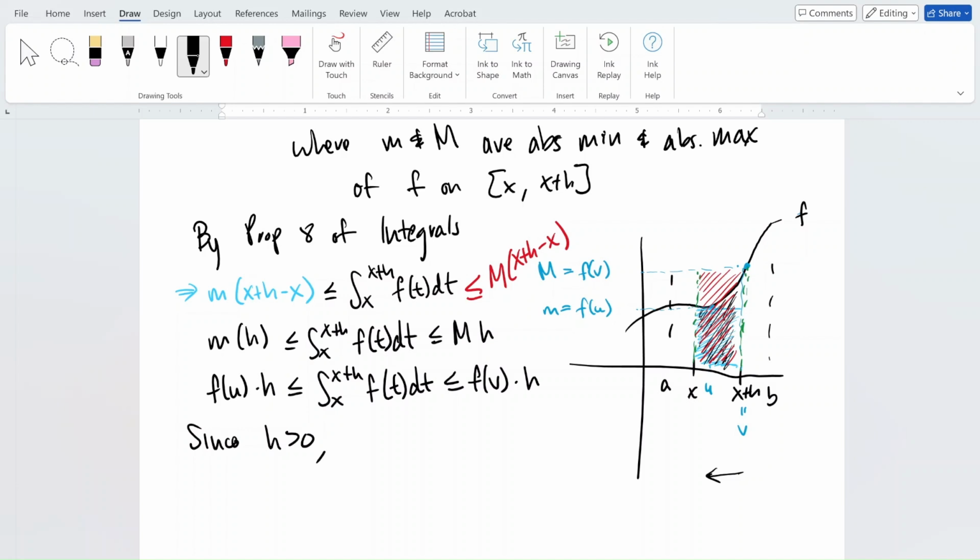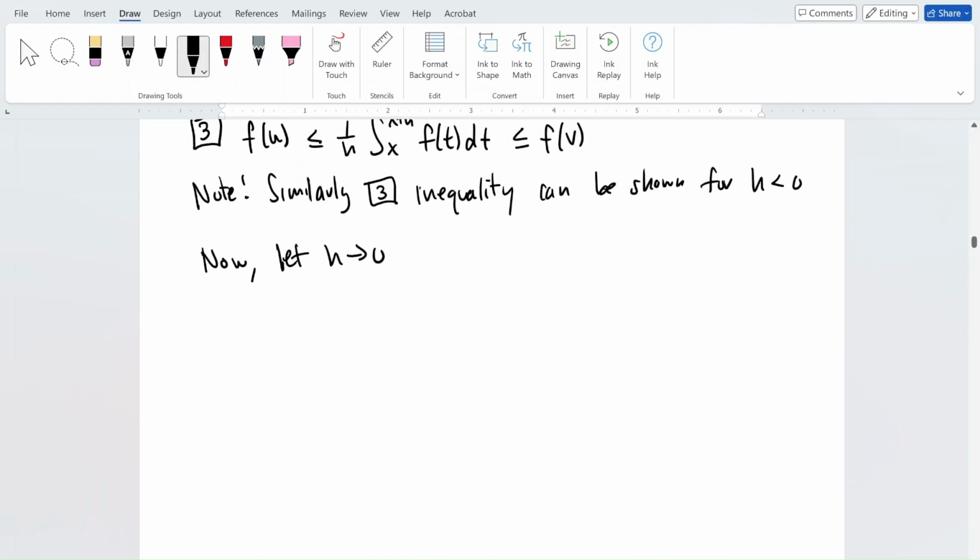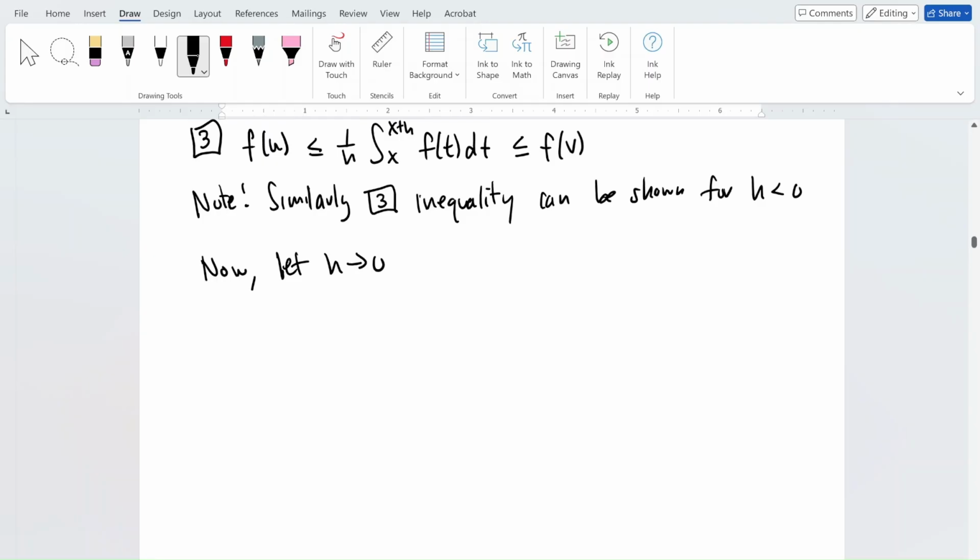But if u is between x and x plus h and h is becoming 0, then u is also going to x as well. And v is also within this region, and so that means v is also going to x. So when h goes to 0, we can see that u is going to x and that v is also going to x.